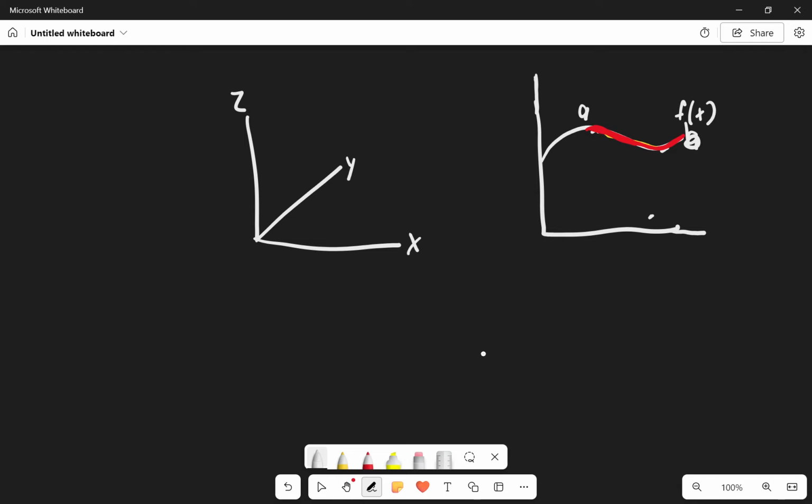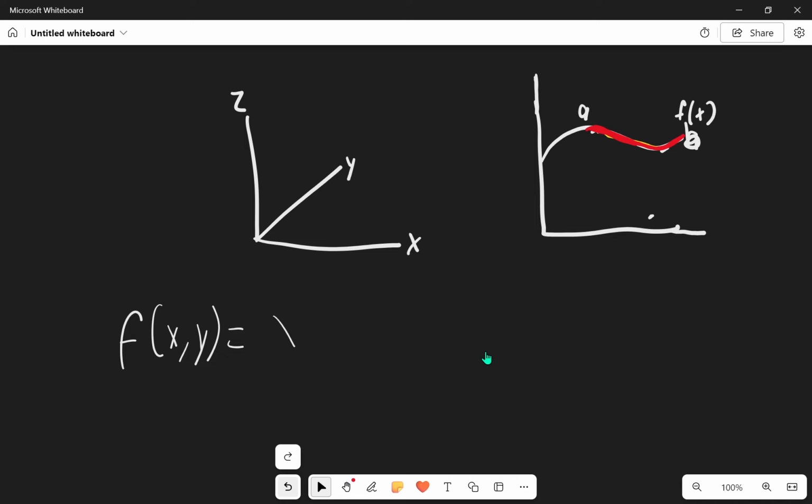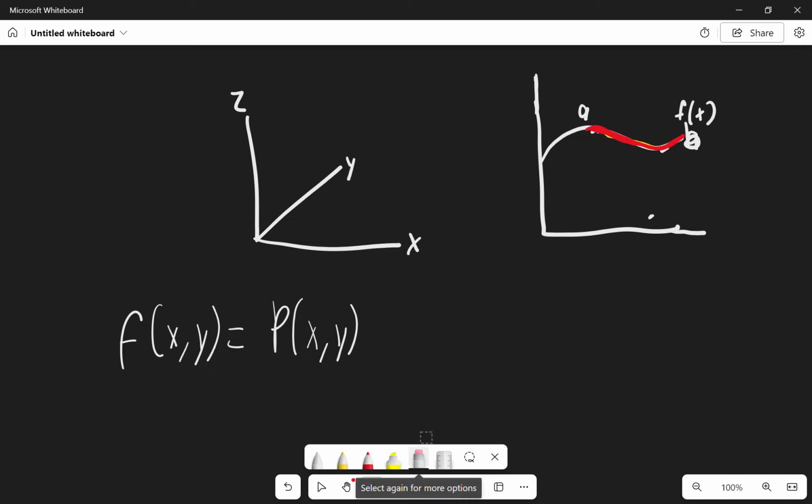So, for example, let's say we have f(x, y), and since they're parameterized, I'm going to write it like this. Basically like that. I'm going to leave it like that.